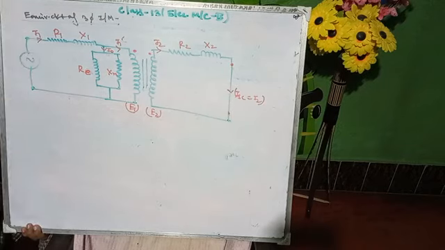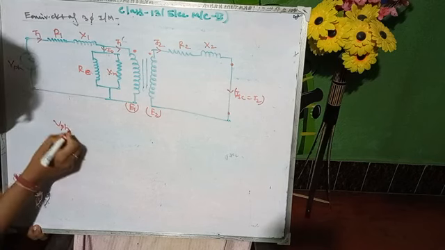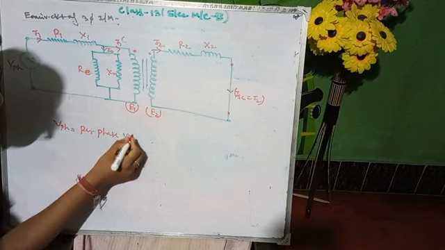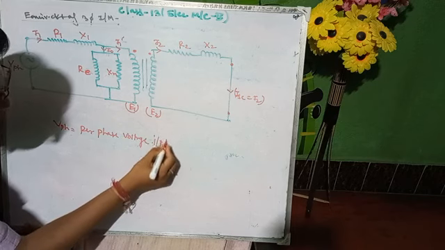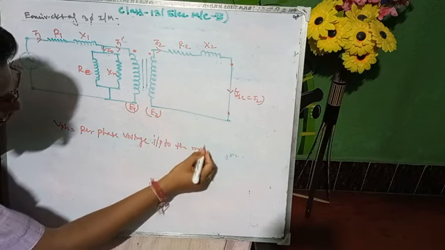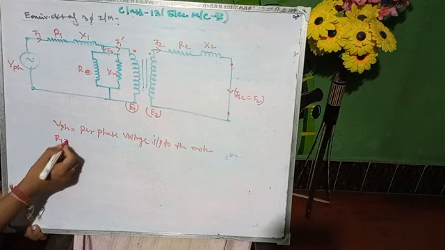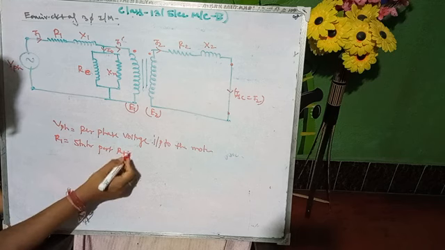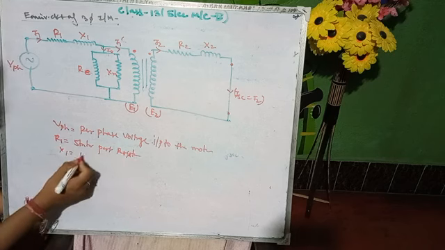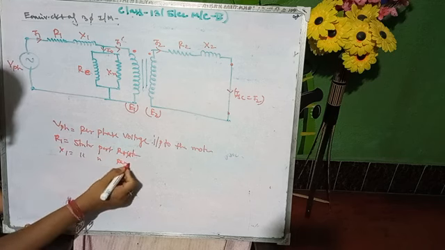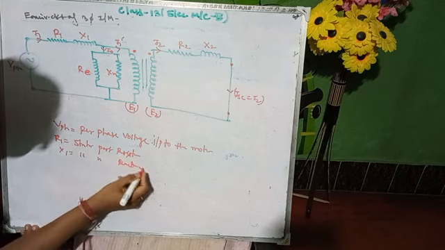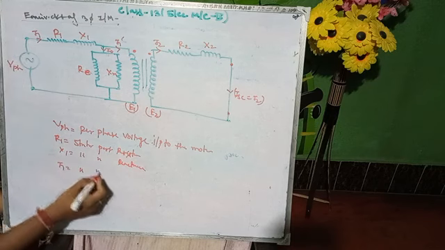So this is your VPH, the phase voltage. VPH equals the per phase voltage input to the motor. R1 equals the stator part resistance, X1 equals the stator part reactance, and I1 equals the stator part current.